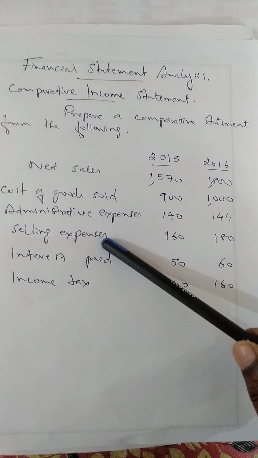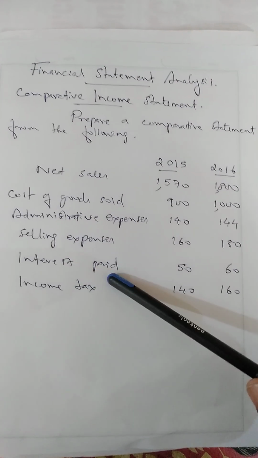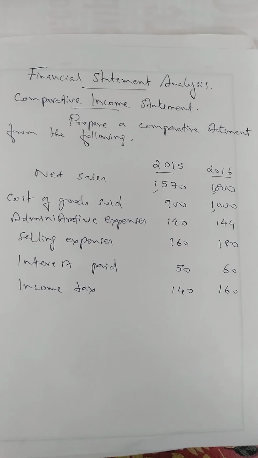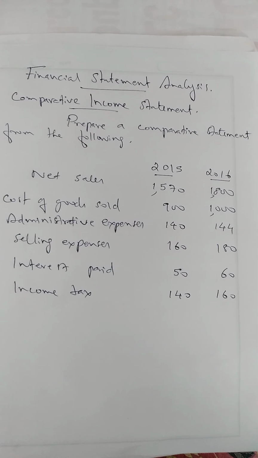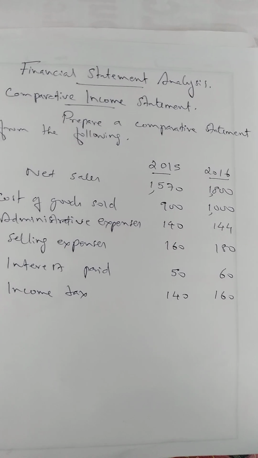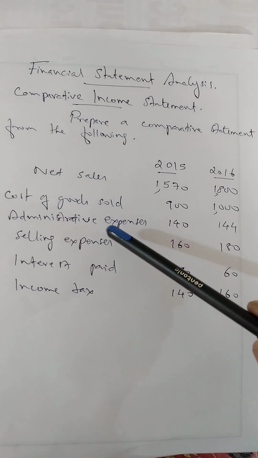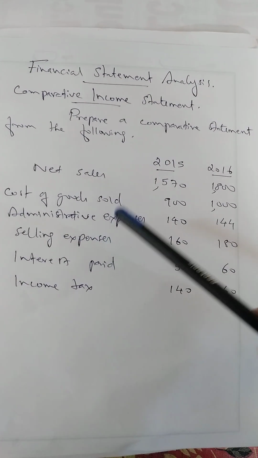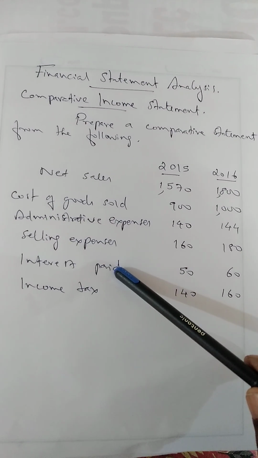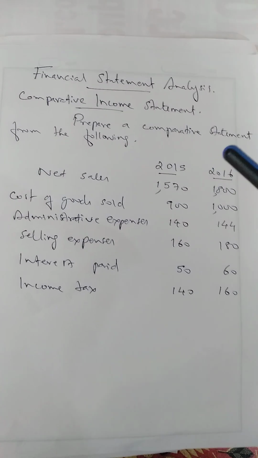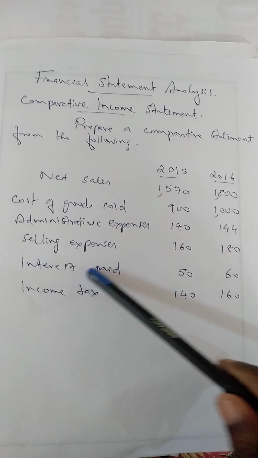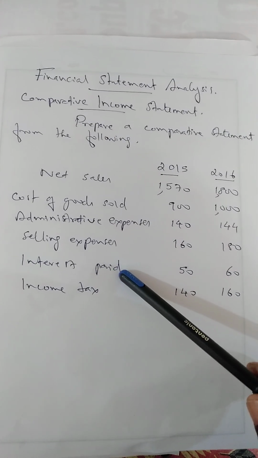And interest paid is usually called a non-operating expense, because even if the business organization is not in operation, it is liable to pay interest. But administration and selling expenses are required only when the business is in operation. But interest must be paid even if the business is stopped for some time, because it is an obligation. So it is called a non-operating expense.